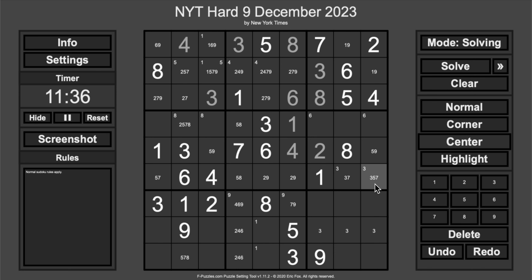Okay, in column 7, I've got 1, 2, 3, 7, 8, 9. I need to place 4, 5, 6. That's anything. That's anything. That's not 3. There's going to be corner 3 there.